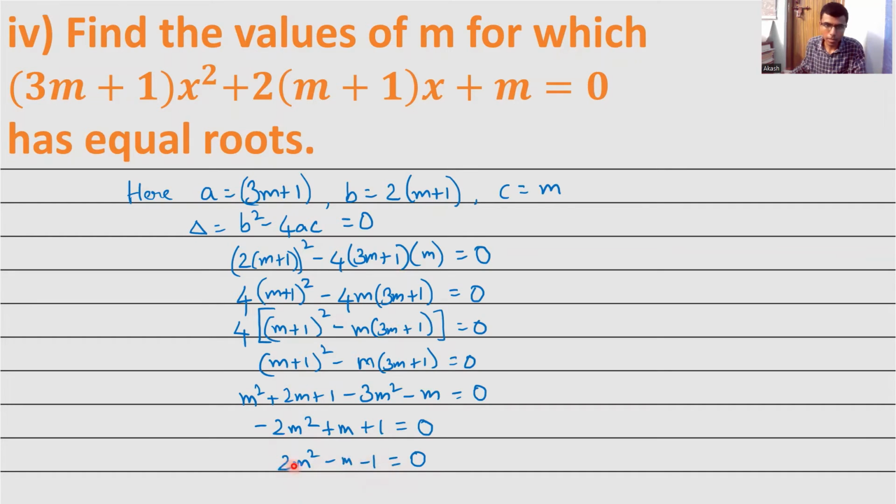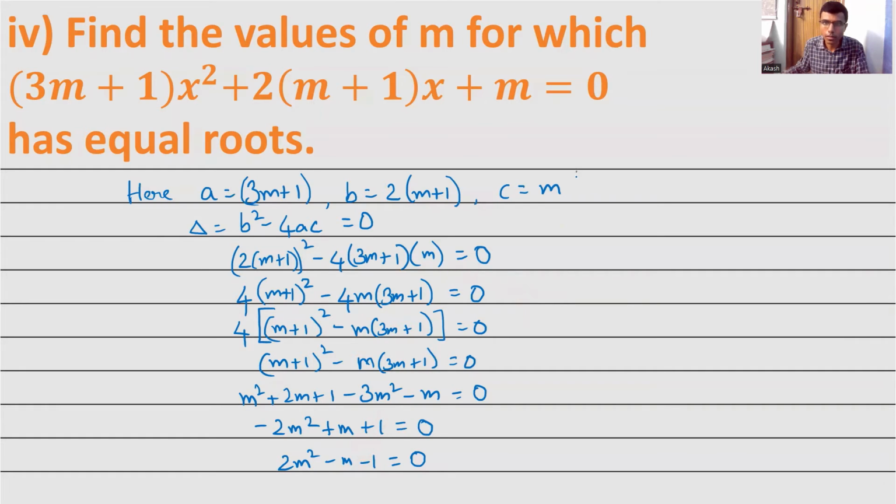See, if you multiply, a is 2 and c is minus 1, a into c is minus 2. So minus 2 I can write as minus 2 into 1, and minus 2 plus 1 is going to be minus 1. That's what minus 1 into m we have here. So if I write this minus m as minus 2m plus m, I can factorize this equation.